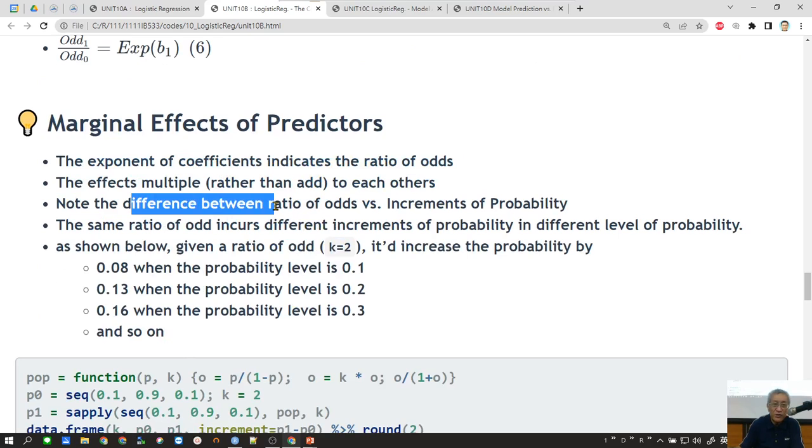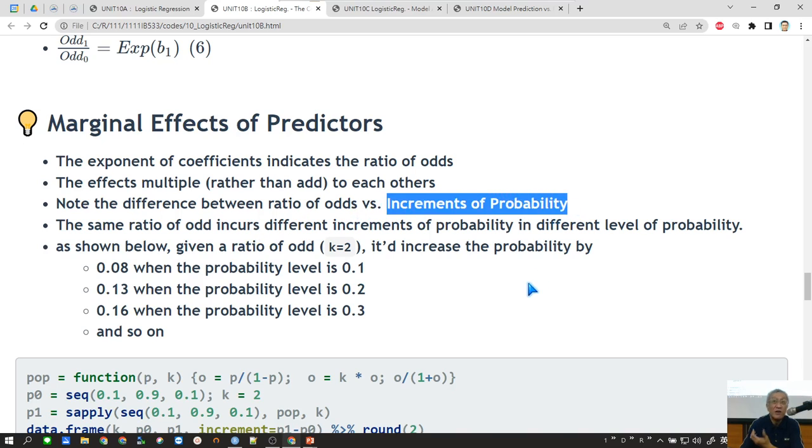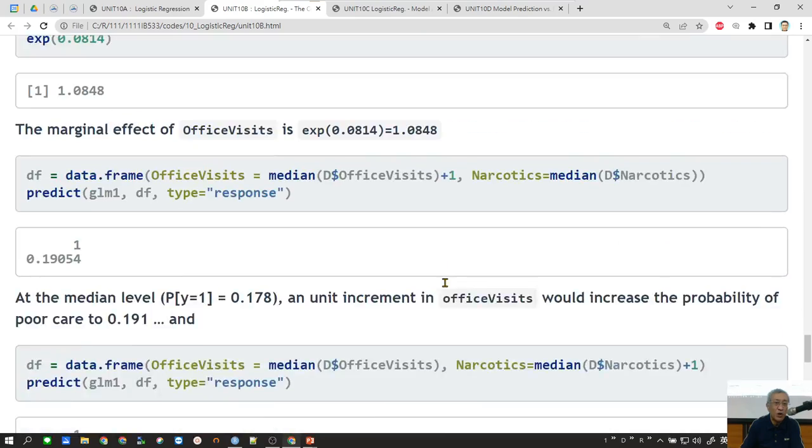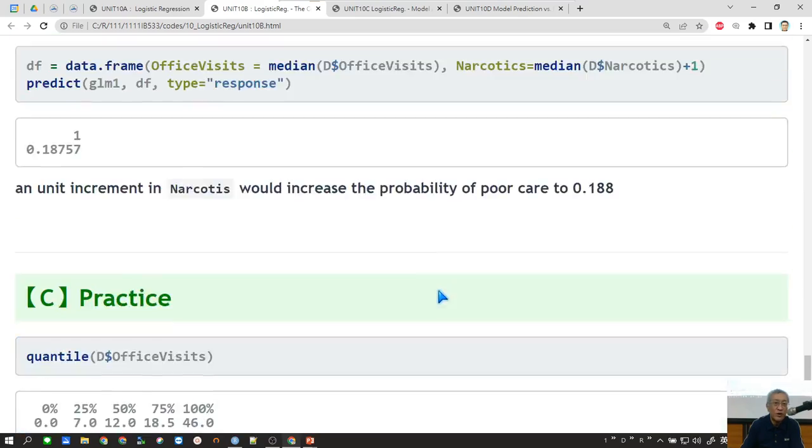Now, sometimes it is desirable to see the increment of probability. But unfortunately, there is no straightforward way to transform odds ratio into incremental probability. The transformation is pretty complicated mathematically. I do not have time to explain it, so I have some example code here for you.